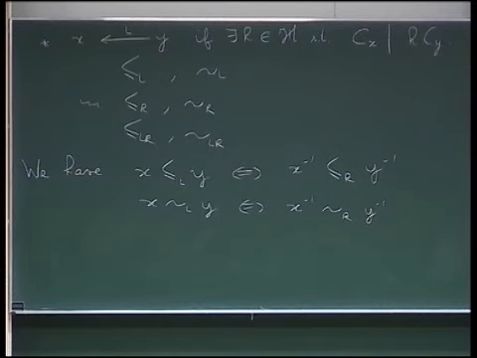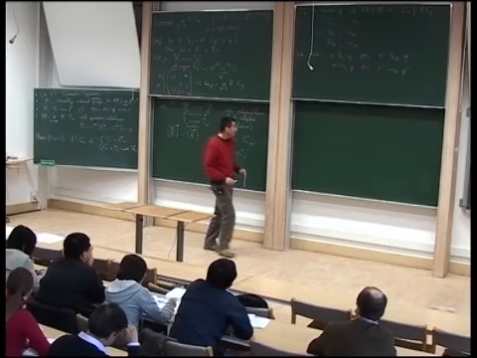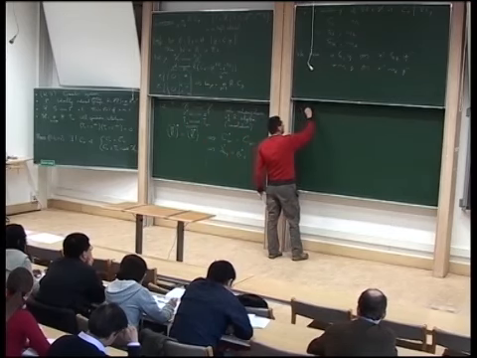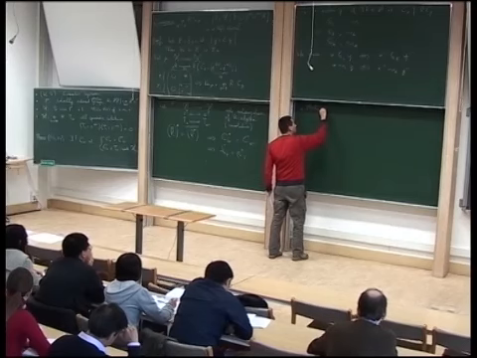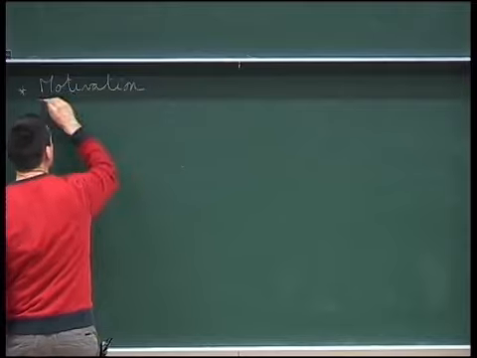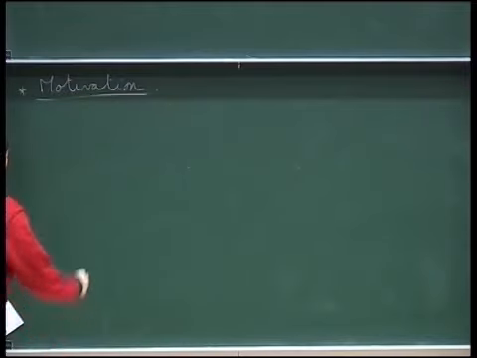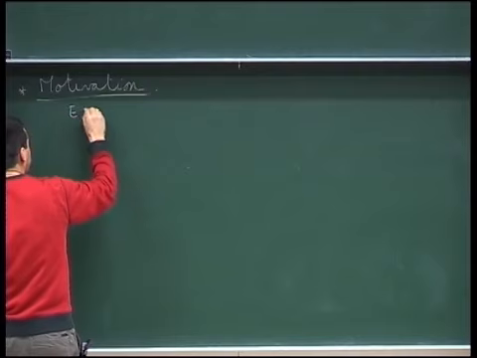I will give a list of possible applications of the Kazhdan-Lusztig theory to geometry or to representation theory. So first of all, I want to talk about the equal parameter case.